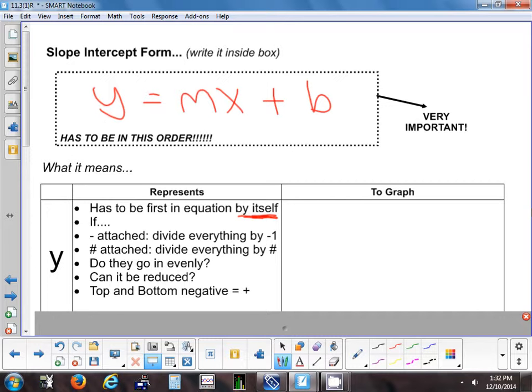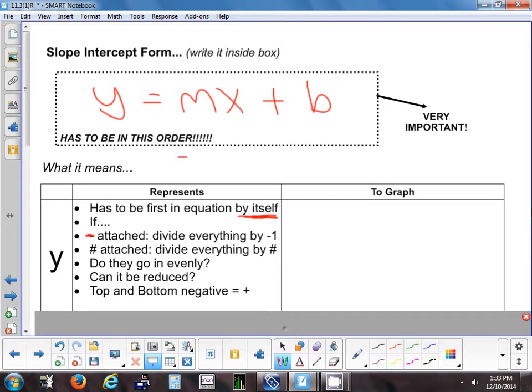Okay? Now, just like we talked about yesterday when we were doing slope, when we have our y, there are going to be some ifs. If these things are going on, you have to do something. If there's a negative attached to the y, you're going to divide everything in the problem by -1.